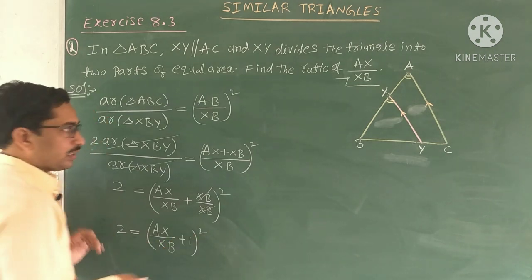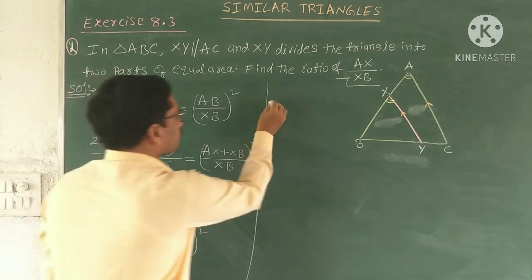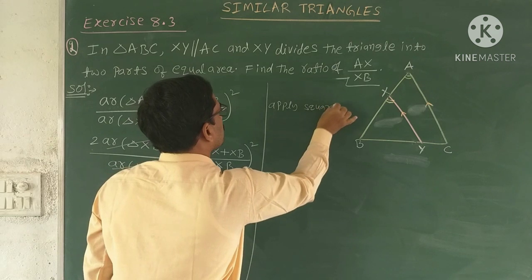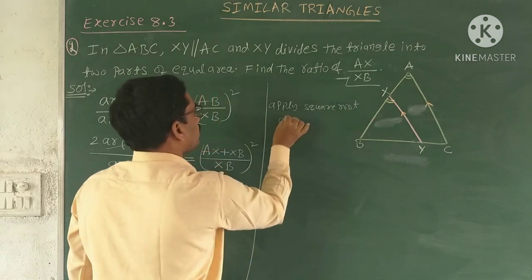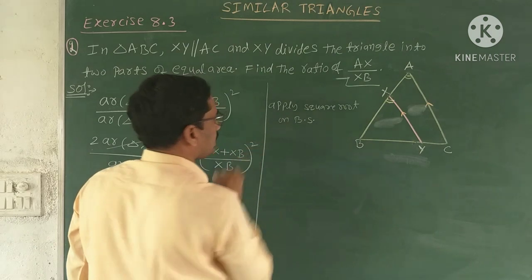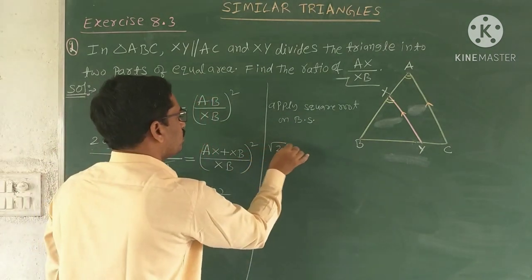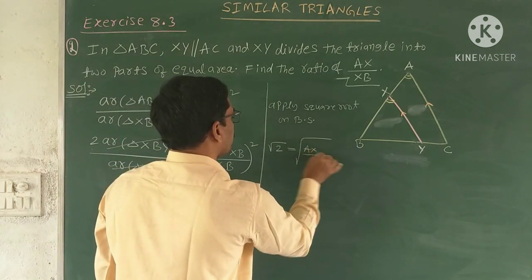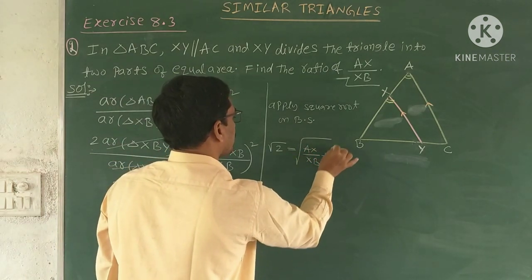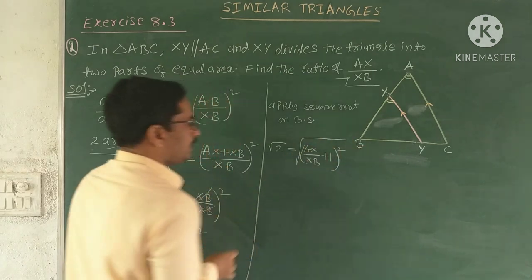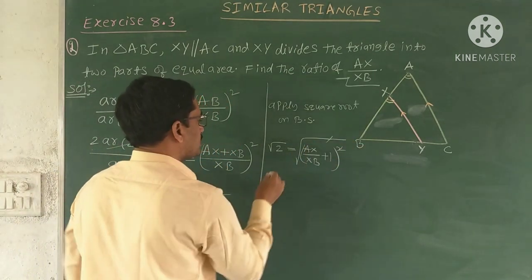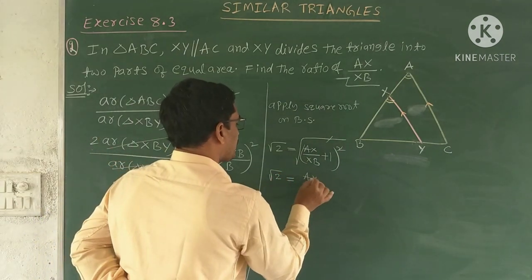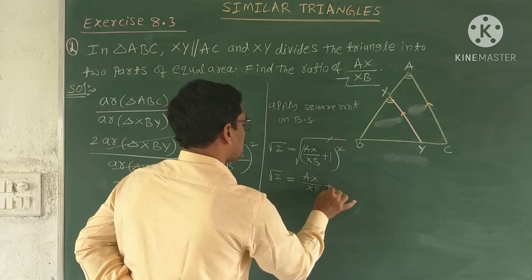So apply square root on both sides to remove the square. Then on the left side root 2 equals the right side, square root of AX by XB plus 1 whole square. Square root cancels the square. Root 2 equals AX by XB plus 1.